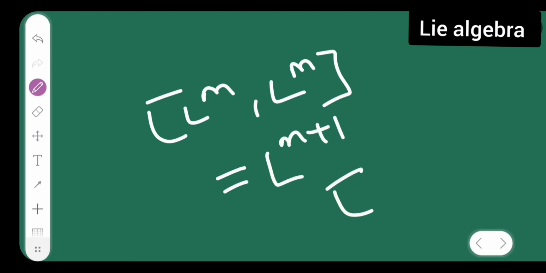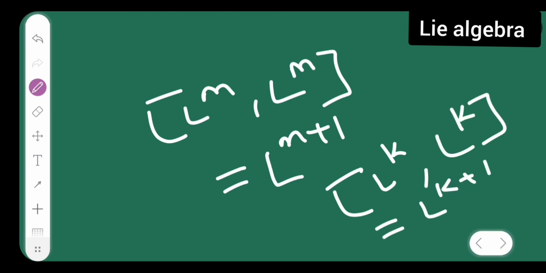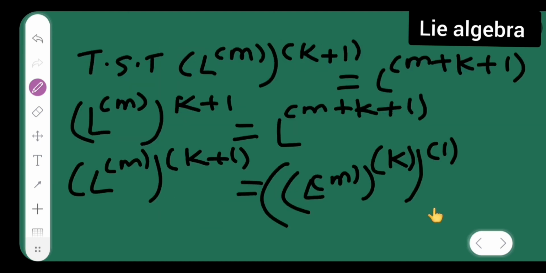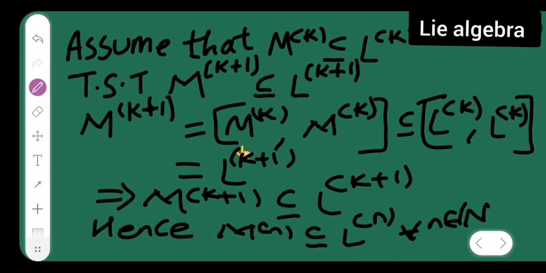If it would be L raised to power of k comma L raised to power of k, it would be L raised to power of k plus 1, something like this, right? Just a rough explanation, because before that also we have done similar problems. Here, this Lie bracket, I was writing it as k plus 1.